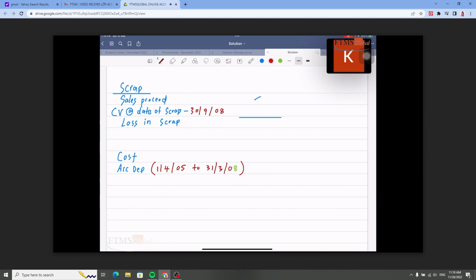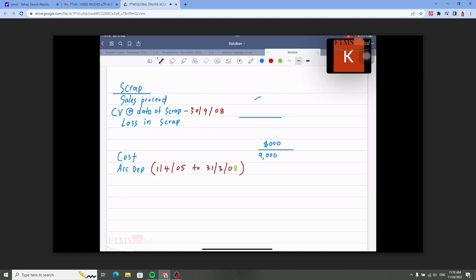Okay, right. So cost of the engine, 2 at 9 million each. So 9 million, in other words. Okay, so 9 million. Then this working 1st April 05 to 31st March 08.